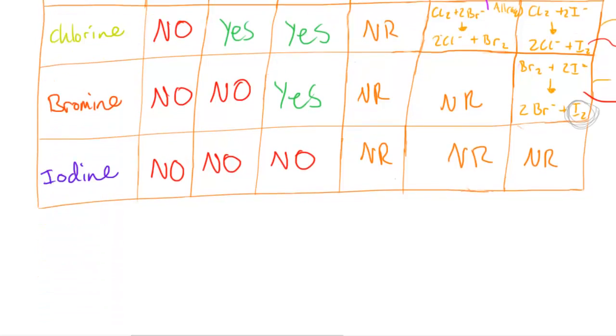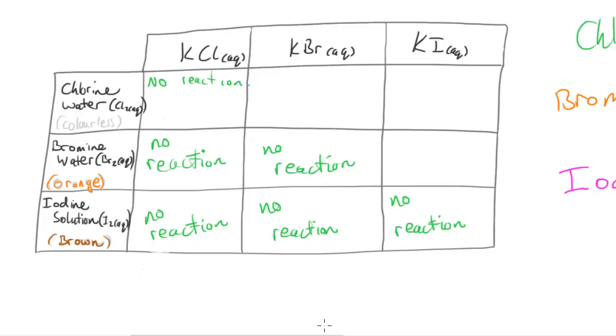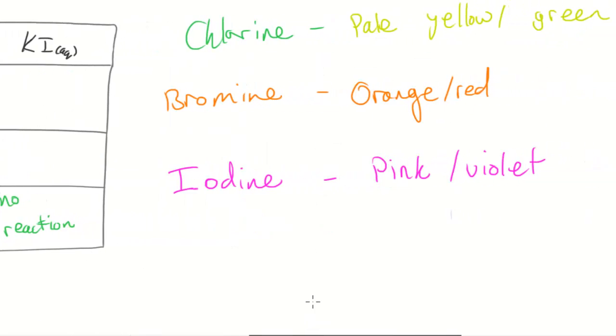And astatine I haven't put in here because astatine is a very rare and very radioactive element, so it's not something you'd want to be handling in your chemistry laboratory. So anyway, those are the colors which form.